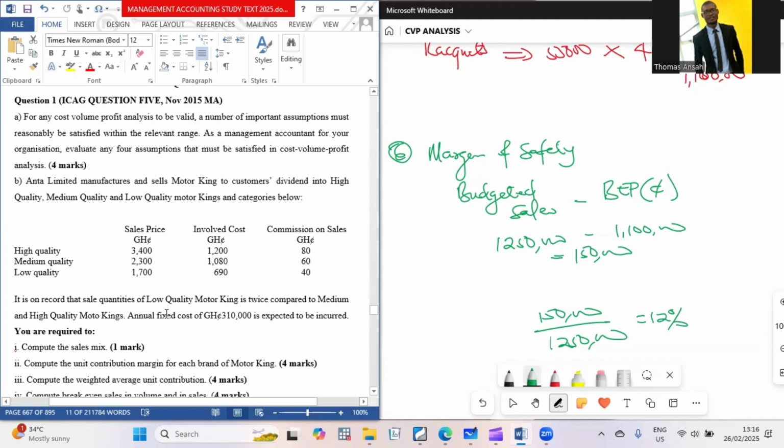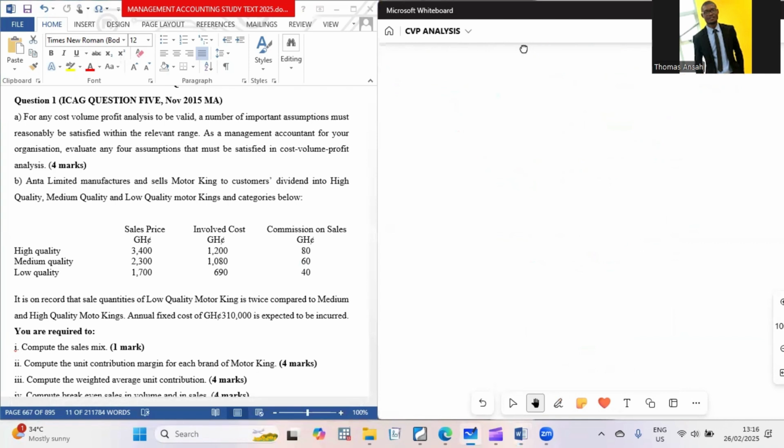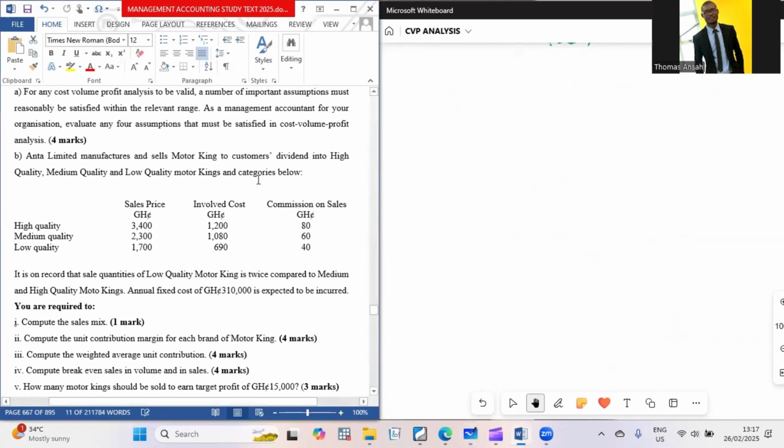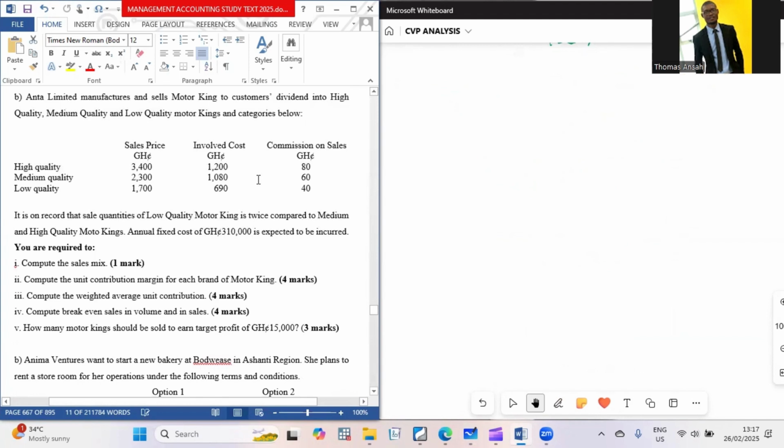Let's look at it quickly and see what we can do. It says that for cost volume profit to be valid, there are a number of important assumptions. So the assumptions that we said. State 4 of them. Then let's look at the B part. So learn the theory as such.